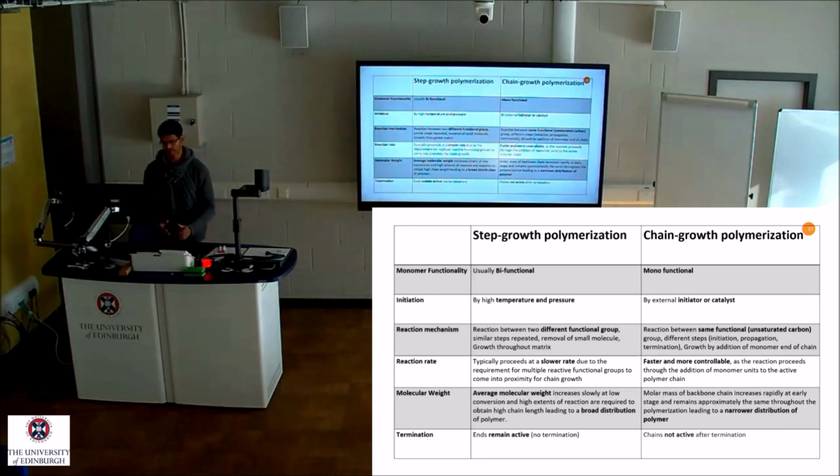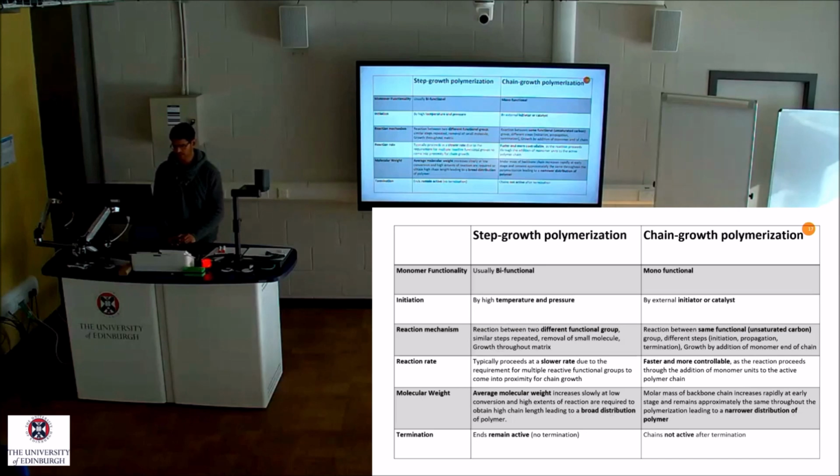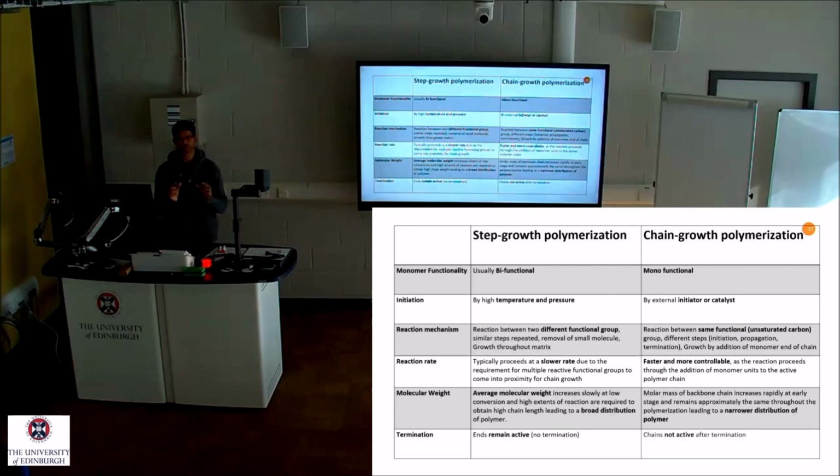Monomer: in case of SGP, you need a bifunctional monomer in order to carry forward the reactions. In case of chain growth, it's a monofunctional group, usually an unsaturated carbon, if you remember SGP from before. In case of initiation, the bifunctional groups are sufficiently reactive that you don't need any initiator. You just have to increase the temperature or the pressure, and they can start the reactions.